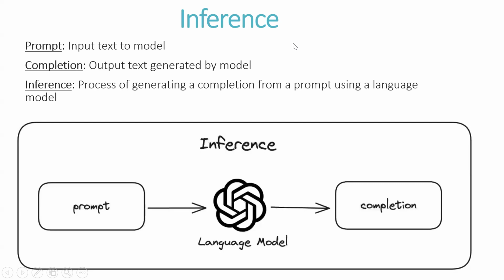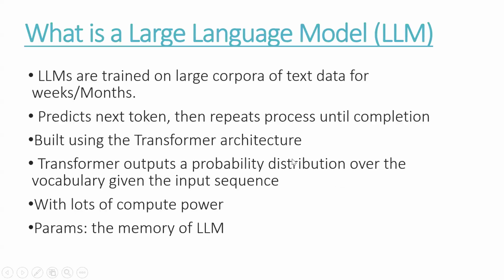This is a term we will be using now and then, so you should know it. When I say I will inference GPT-4o, that means the mechanism of giving a prompt and getting the completion out of it is called inference. Just include it because this is an important term.